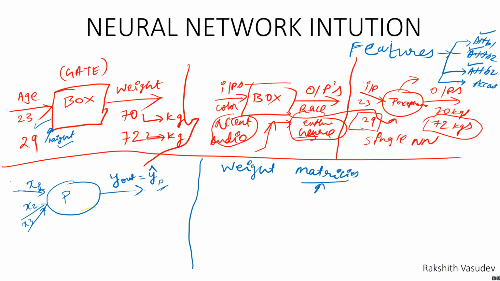For every input, I'm going to attach something called a weight matrix that you don't have to be worried about right now. For input x1, I'm going to attach w1 as weight matrix. For input x2, w2 as weight matrix. For input x3, w3 as my weight matrix. And here I have my output.